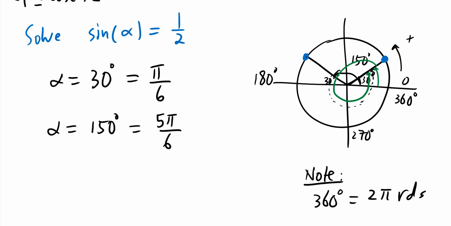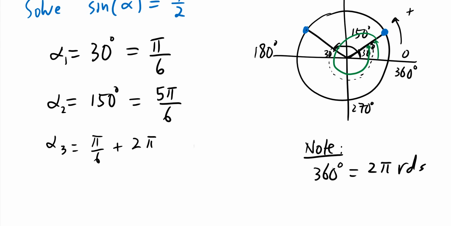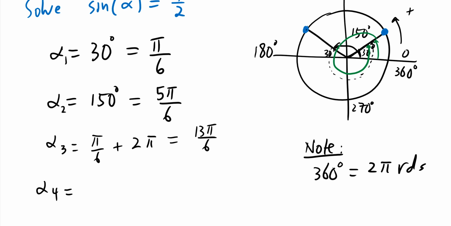at the blue points. So let's call this alpha 1, alpha 2. If I want to find alpha 3, I would just take pi over 6 and add 2 pi to it. If I combine them, that's 13 pi over 6. If I want to find alpha 4, I take what I just got and add another 2 pi.